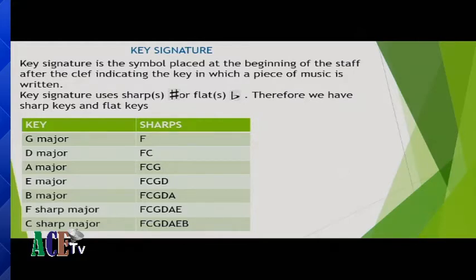So now you have the next table that you have on your board, which is known as the table for your key signature. And these key signatures are the sharp keys.